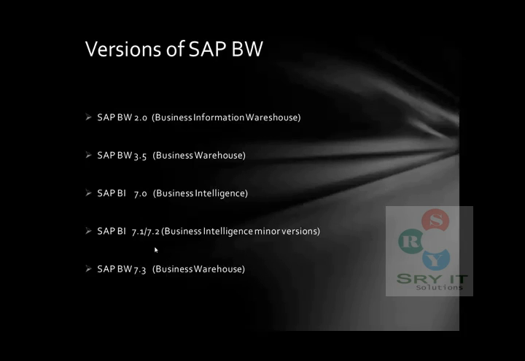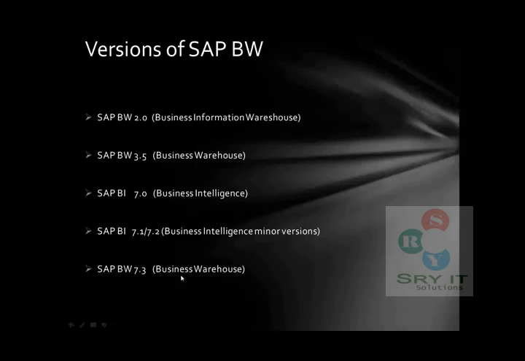And as they took the BI name for the Business Objects reporting suite, they wanted to rename the existing BI system back to BW. So they launched the 7.3 version with a few other concepts as BW, Business Warehouse.